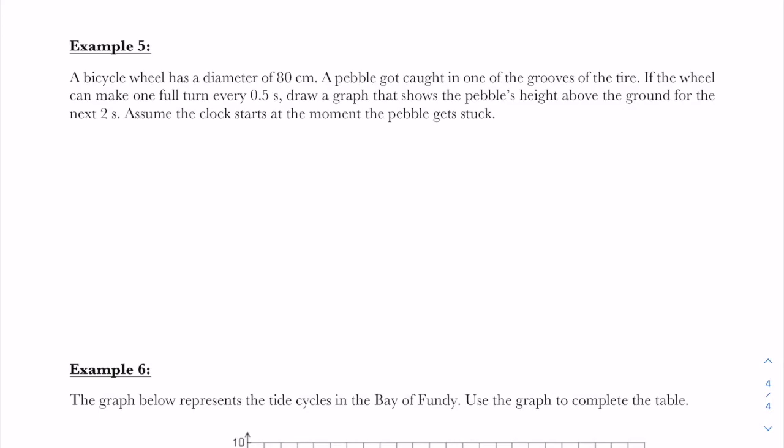Okay, so with that being said, we have to picture this a little bit. So we have a bicycle wheel on the ground. And the pebble gets stuck somewhere. So just to make it easy over here, let's put the pebble maybe at the top.